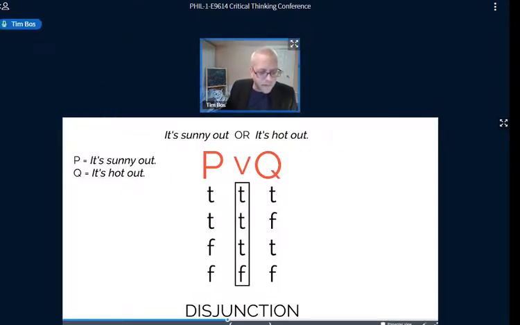So you sort of look at the sides and think about the meaning of the operator, how it works, and then you can decide, is the whole statement true or not? Look at the truth value of the individual statements, look at what the operator does.